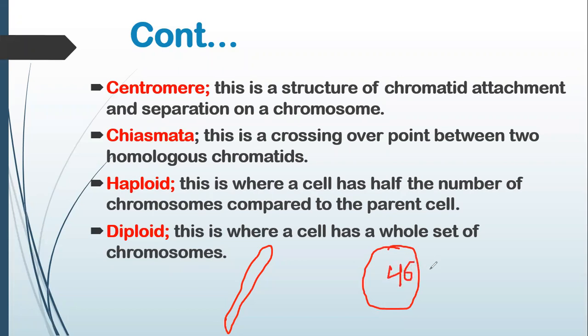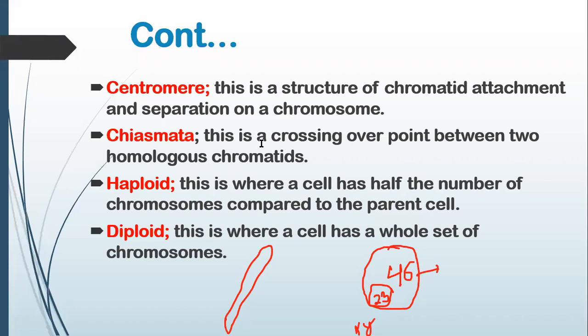But these 46 chromosomes are arranged in pairs to form how many? 23 pairs. By the way, if you remember sex determination, we said that the 23rd pair is the X and Y chromosomes. They are the ones which determine sex of an organism.